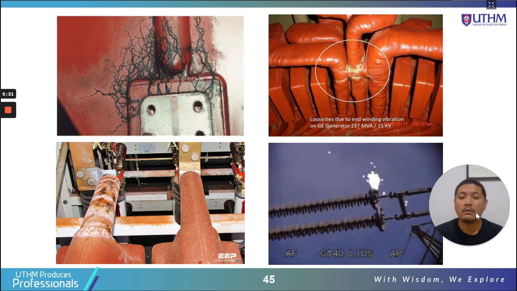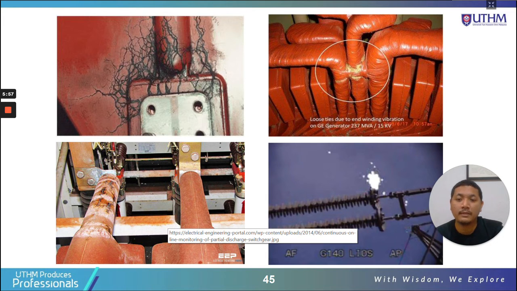On the bottom left corner of the screen, this is a picture of an instrument transformer. On the left there's PD happening on the surface of the voltage transformer. This is one phase of the instrument transformer connected to the bus bar.